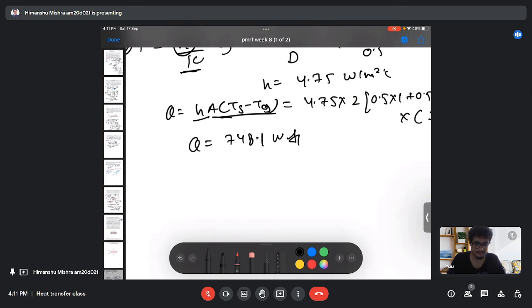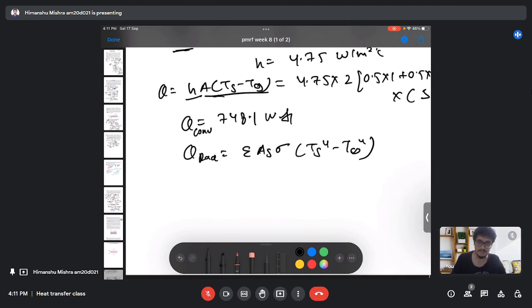Since we are given the emissivity, we can find, so this is my heat transfer due to the free or natural convection. We can find the heat transfer due to radiation here. Again, for radiation heat transfer, we need to use the temperature in Kelvin, not in degree Celsius.